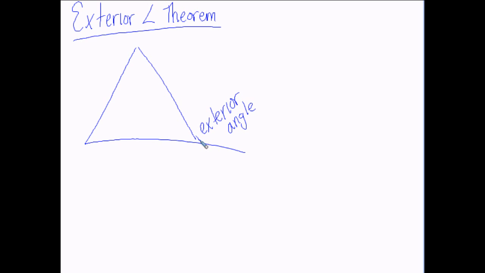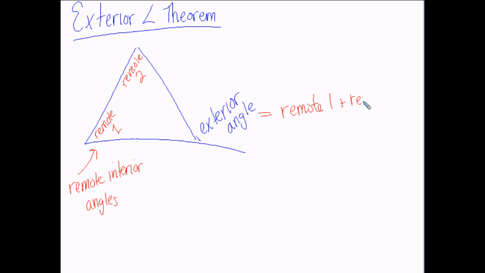And then this is my remote 1, and this is remote 2. These are the remote interior angles. This angle is equal to remote 1 plus remote 2.